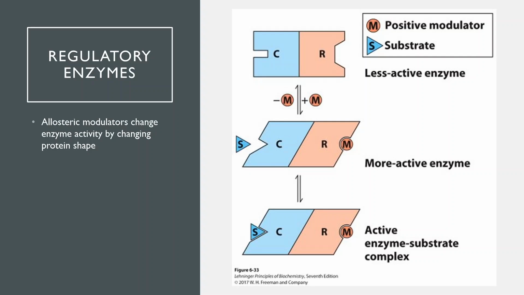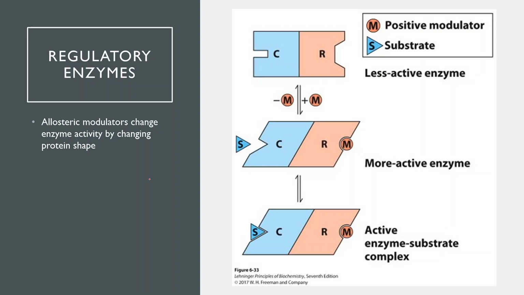So you can have enzymes that become overactive or produce too much of their product or break down too much of their substrate. And so most enzymes have to be regulated in some way. That means that their activity can be increased or decreased depending on various factors, which we'll talk about.